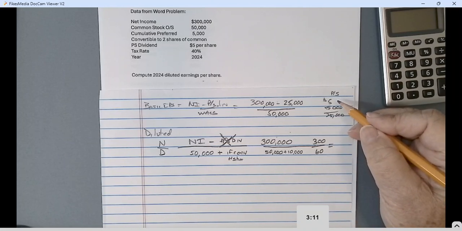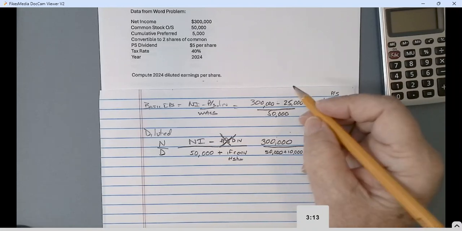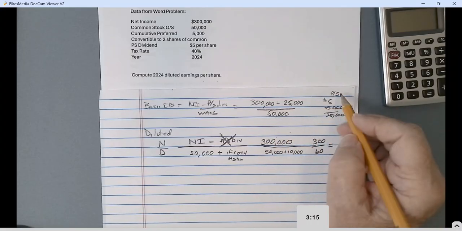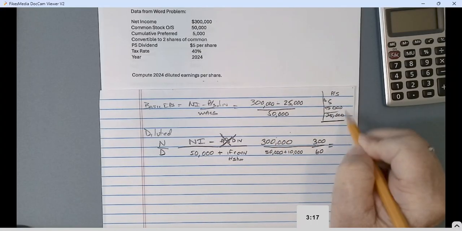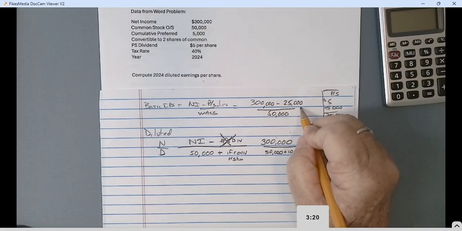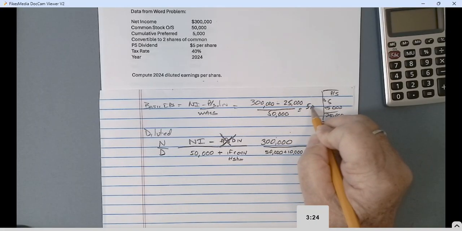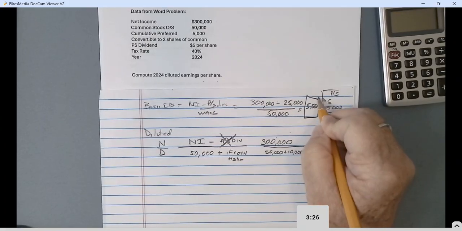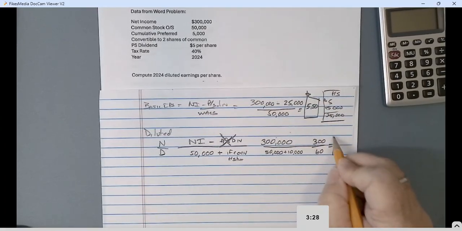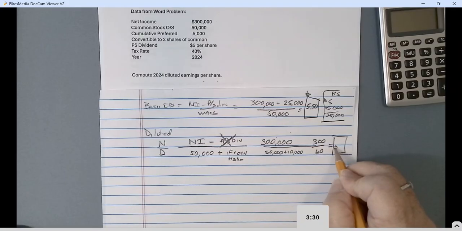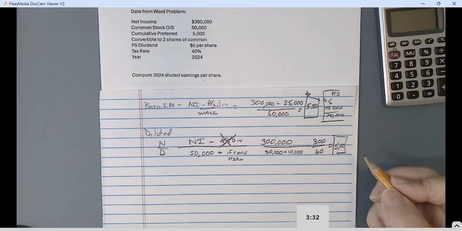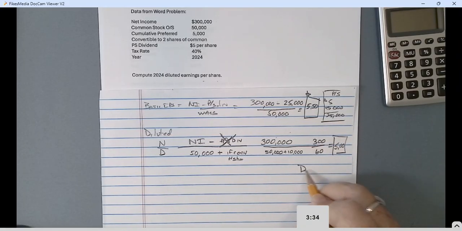And here at basic, my basic earnings per share, let me see, that was after my preferred stock dividend. So my basic earnings per share was $5.50. Okay. And this one is $5. So it is dilutive.